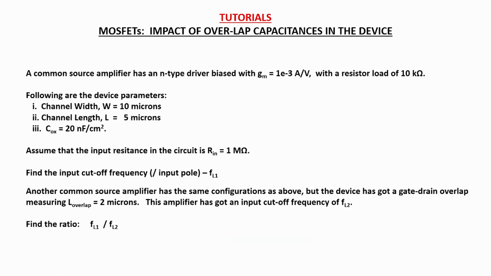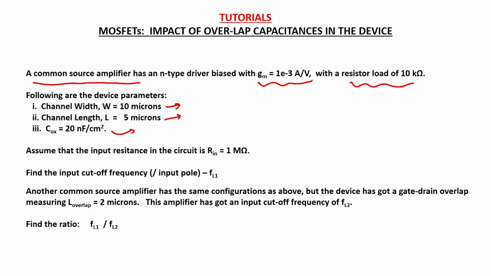So now we will move on to the next problem, the aim of which is to give an insight into what kind of impact the overlap capacitances in a MOSFET device have when it is being used in an amplifier circuit. You are given that a common source amplifier has an N-type driver biased with a gm value and a resistive load, and you are given various device parameters like channel width, channel length, and the unit area oxide capacitance.